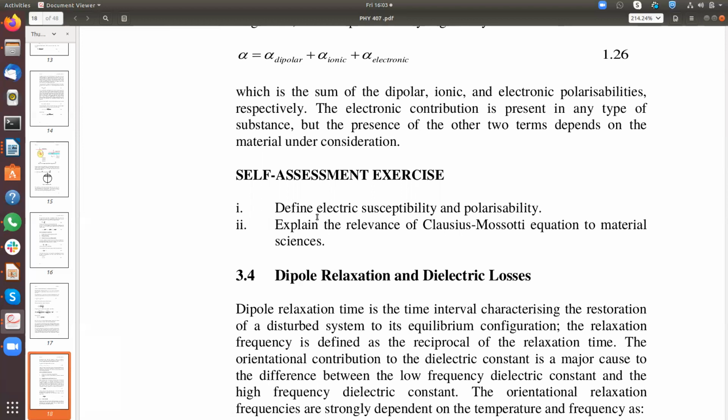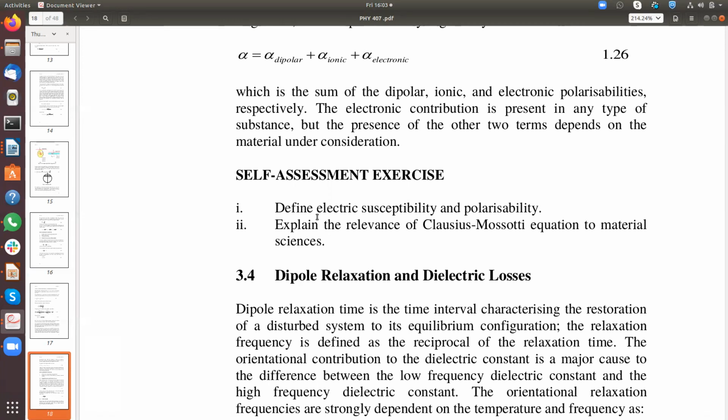Also, you are expected to explain the relevance of the Clausius equation to material science. Like we said, you can use it to derive dielectric constants of materials, which is very important in the materials industry for production of materials for industrial applications.